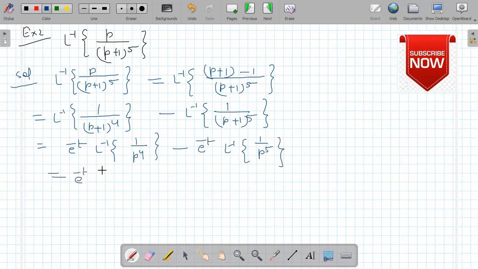So Laplace inverse of 1 upon p raised power 4 is t cube upon factorial 3, and the other is t raised to 4 upon factorial 4. That's all. Sorry, it is t4.